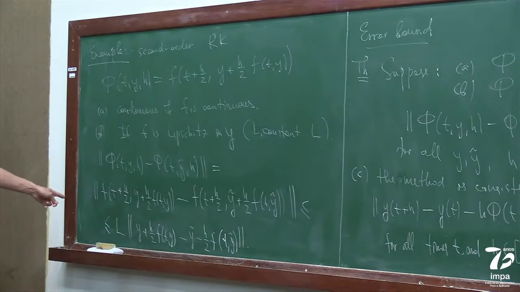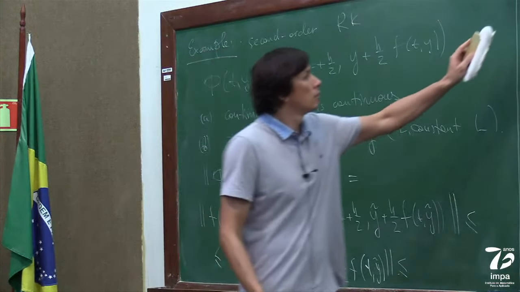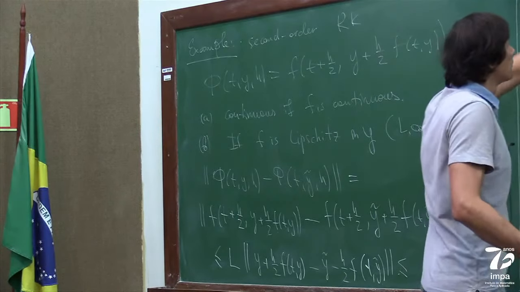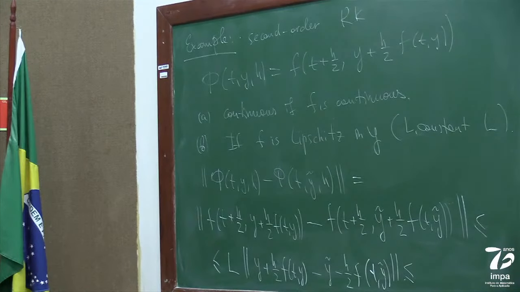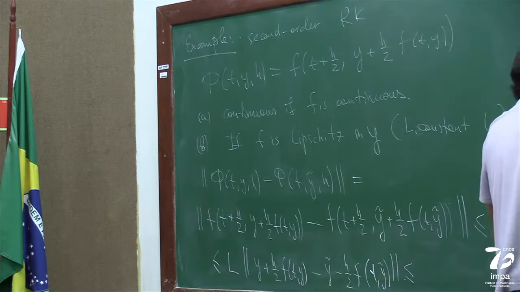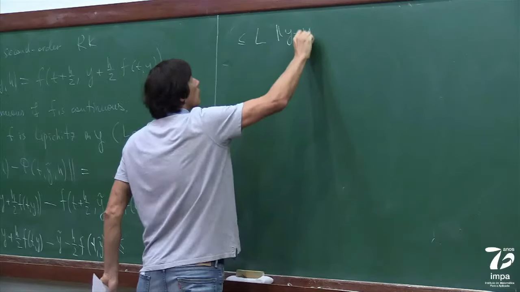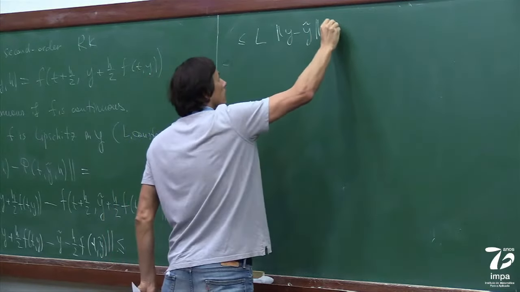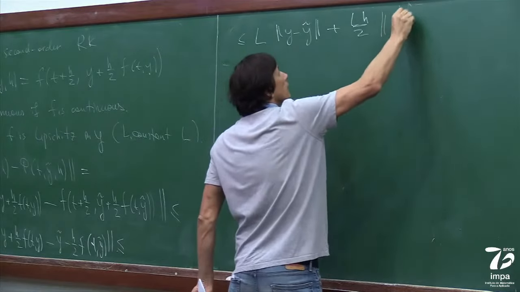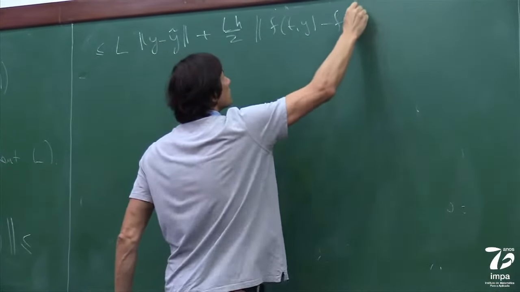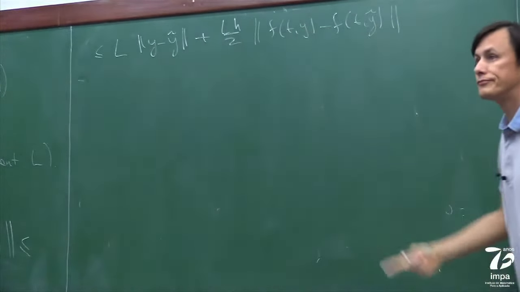Okay. Next, we use triangle inequality. So we split one difference from another difference. The second difference will be, and again, we can use the Lipschitz condition a second time.